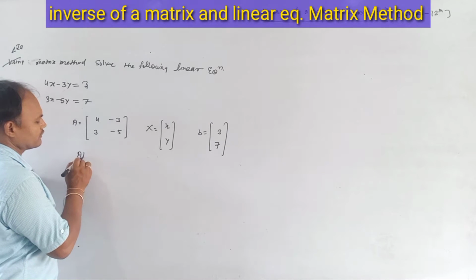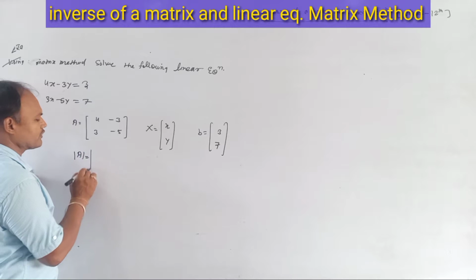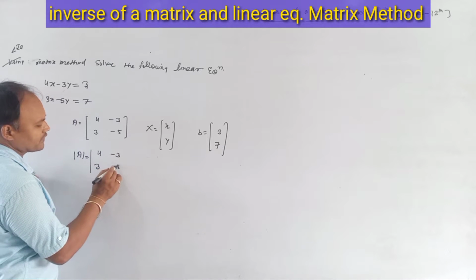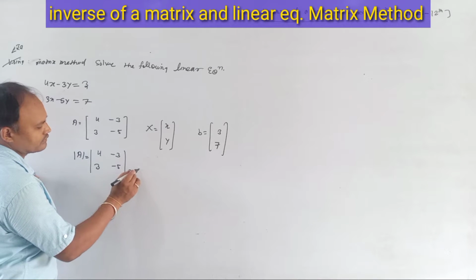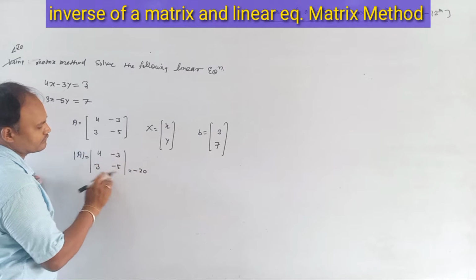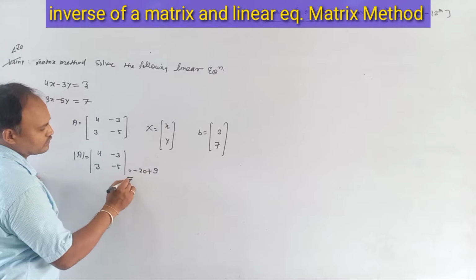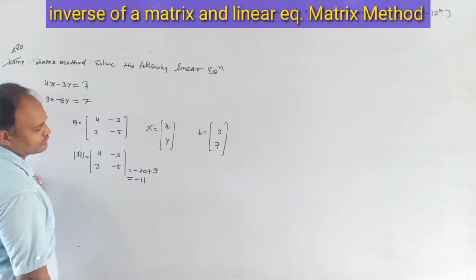Now we are going to find the determinant of A. It is 4 times minus 5 minus minus 3 times 3, so minus 20 plus 9, which is minus 11.